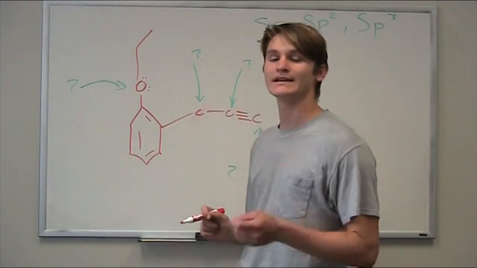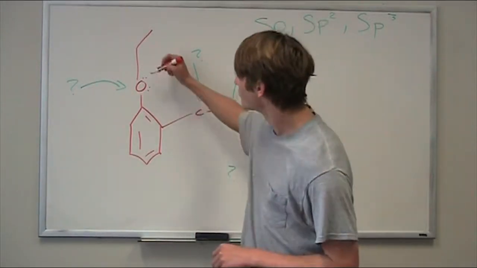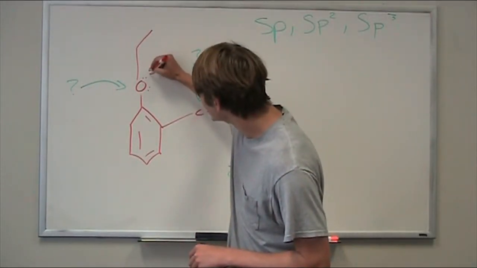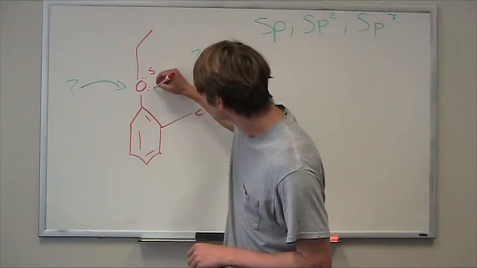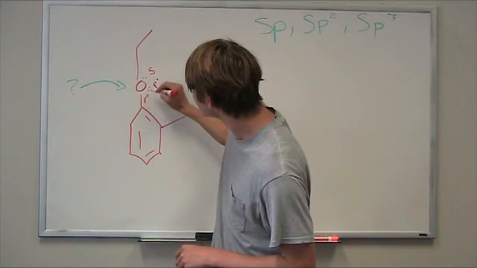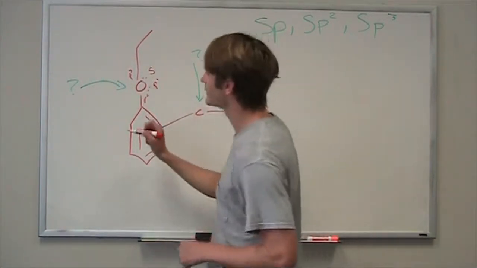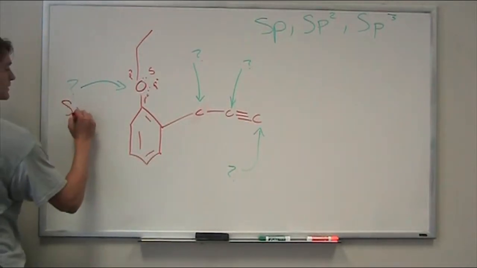So we know there are no hidden attachments, no hidden agenda from the test community. We put an S for this one, P1 for this, P2 for this one, and a P3. So we know this oxygen right here is sp3.